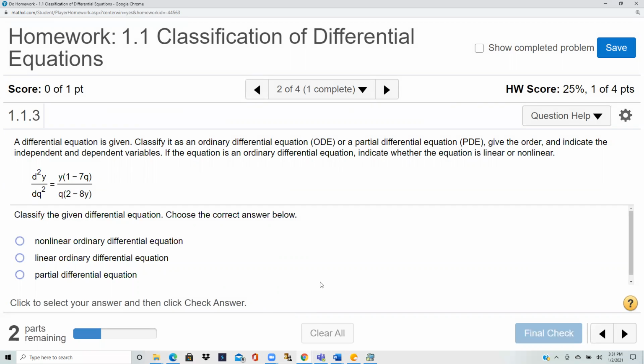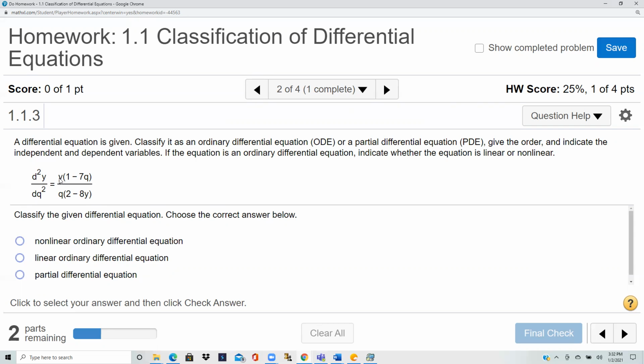And okay, number 2. So what is this? Now here, you see that if you open up this equation, this will be y minus 7qy divided by q. So here, first let's see which one is the dependent variable. The dependent variable is y.